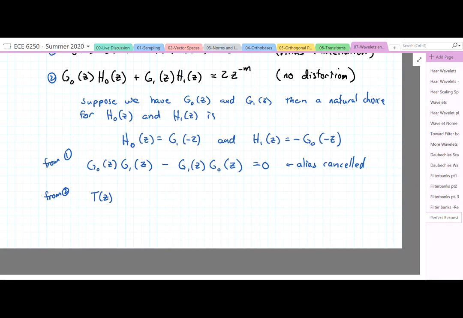So here, this next one, we define T of Z is now going to be equal to G naught of Z, G1 of minus Z, minus G1 of Z, G naught of minus Z, and we need to have that equal to Z to the negative M.